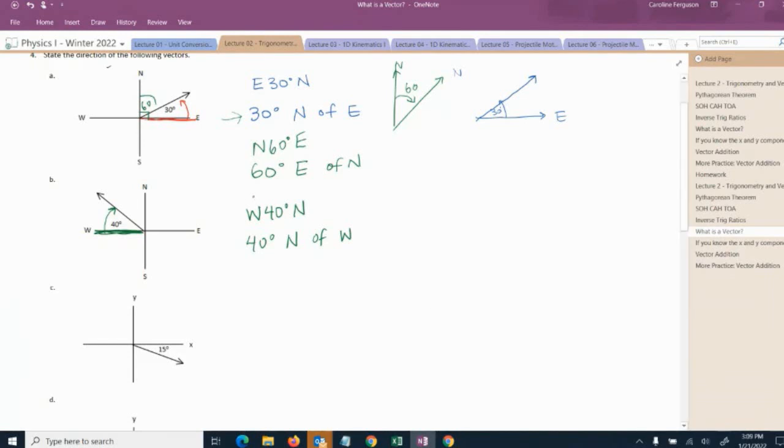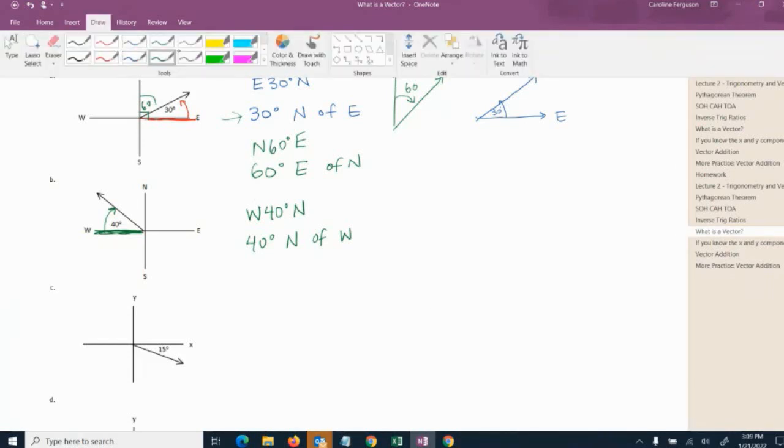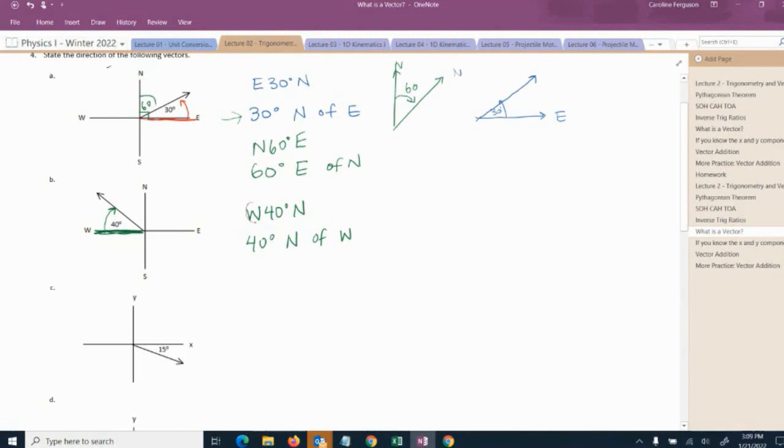One way you can think of it is you can take this number here and move it over here, and it becomes 40 degrees north of west. So that west letter, you can just move it afterwards. If you can't think of it in these terms, just take the one that you do understand, west 40 north, because to me that's the easier one, and move the west after the north, and it becomes 40 degrees north of west.